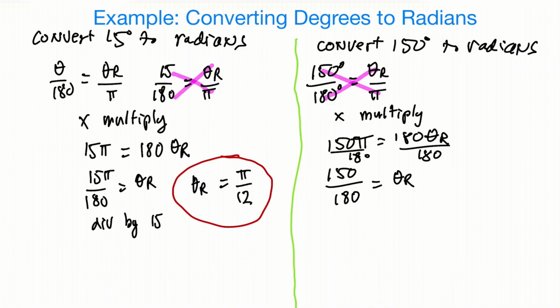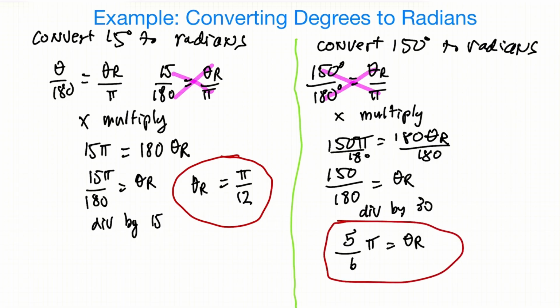Now, the greatest common divisor here would be 30, so we divide both by 30. 150 divided by 30 is 5, and 180 divided by 30 is 6, so we get 5 pi over 6 is equal to theta r. So there's our answer. We can convert 150 degrees to 5/6 pi radians.